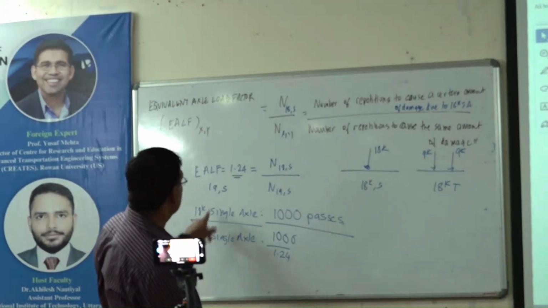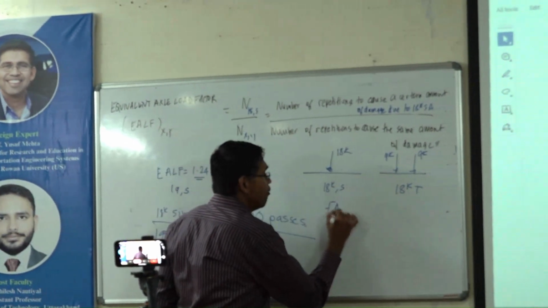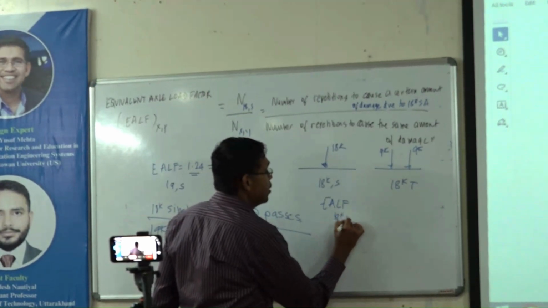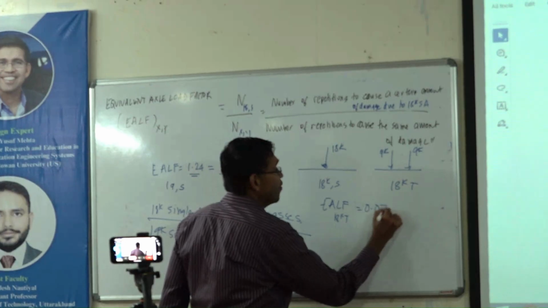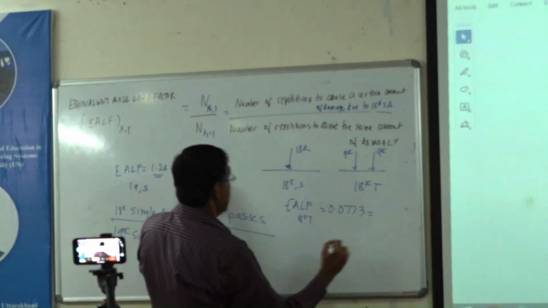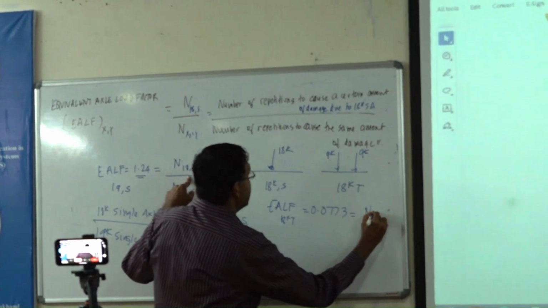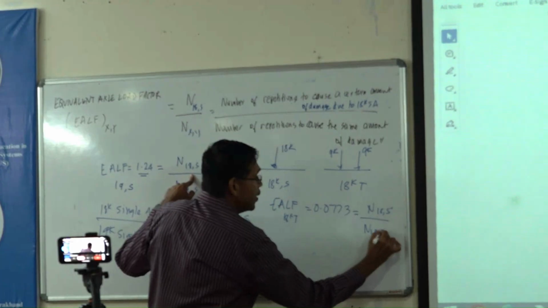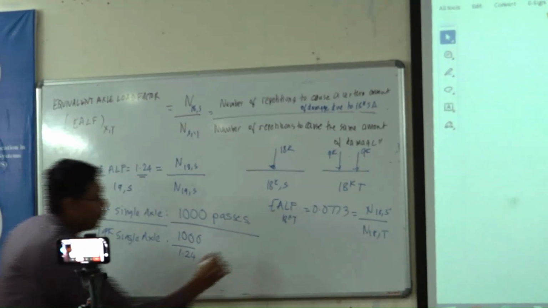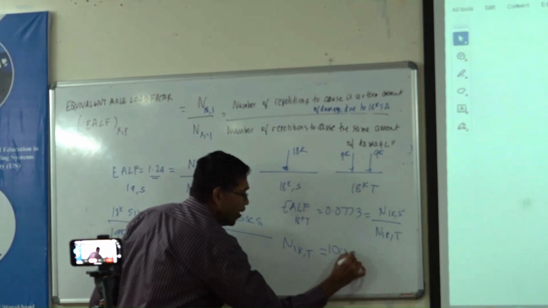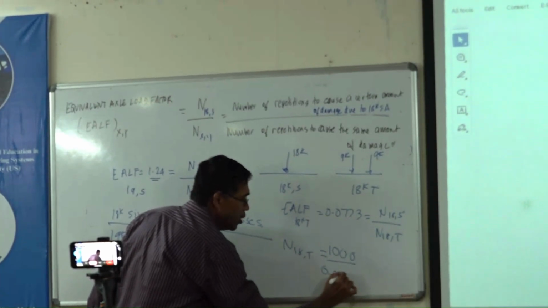Now look at the numbers here. Let's look at this. EALF of our 18 kip tandem axle is 0.0773, correct? Is given by N18S over N18T, correct? So if I calculate N18T, what is that number? Can anybody give me the number if I assume that to be 1000?